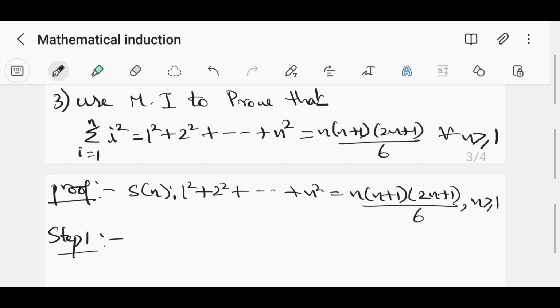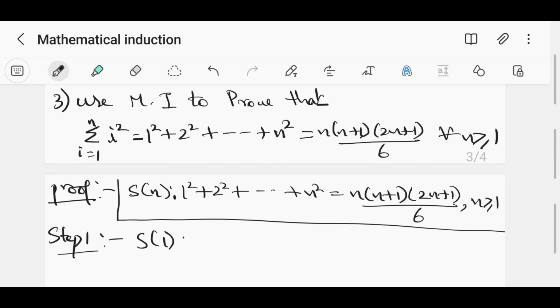So see, always we will be using this statement and we will be proving for n is equal to 1 and we will assume for n is equal to k and we will prove again for n is equal to k plus 1. So in our first step, S of 1 we take. So in your LHS, in this statement, if you see S of 1, that is the first term, only this term will come.